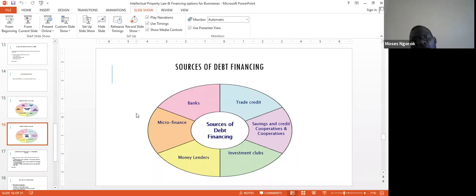So you could join a SACCO and wait for your turn, and then you get a chunk of money, use it and pay it back. Or they also have the ability to lend, but they only lend to members. So you need to sign up, be a member, and then you can borrow.